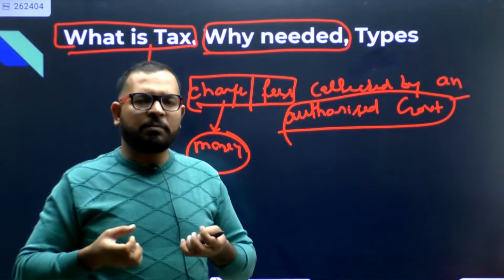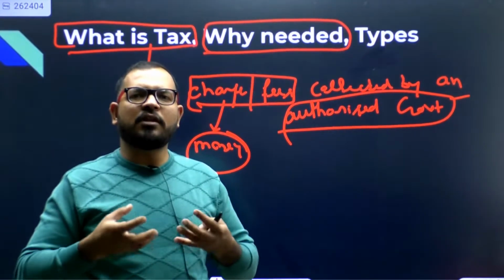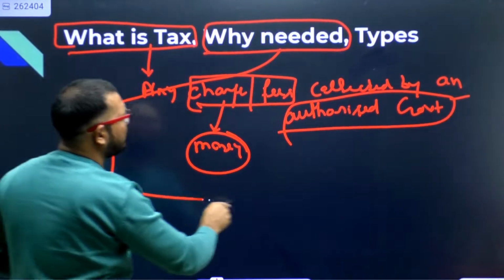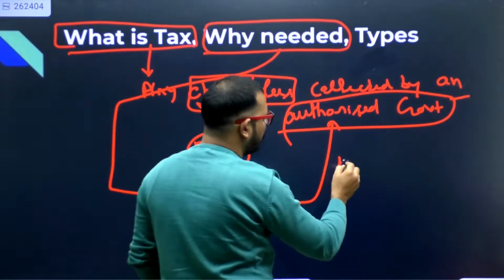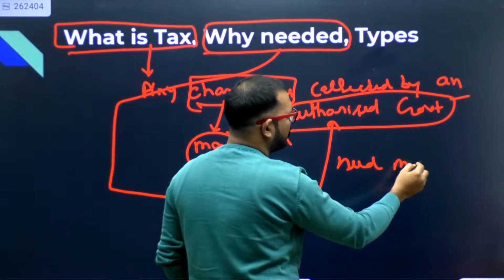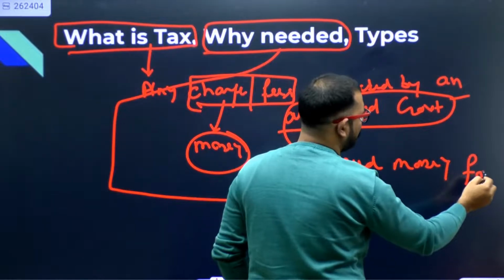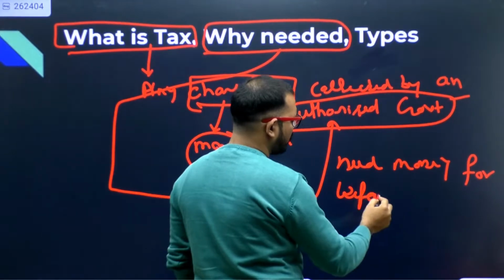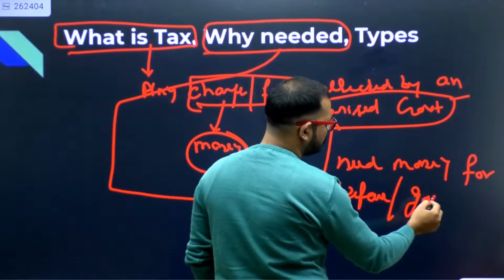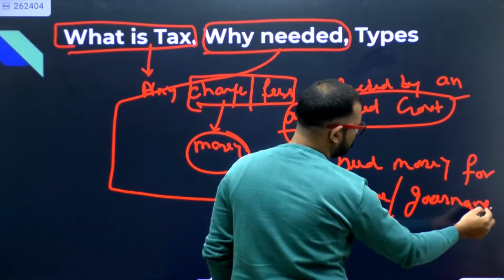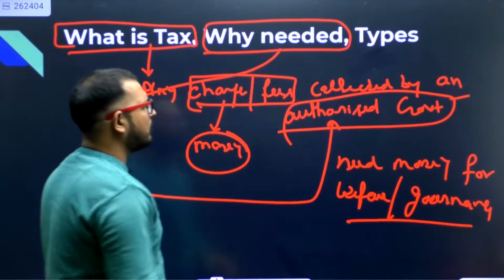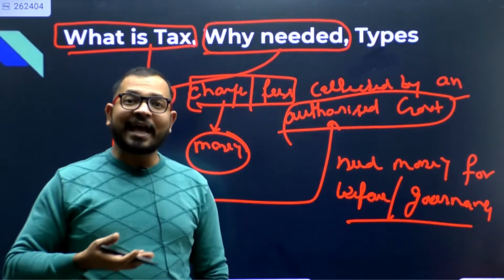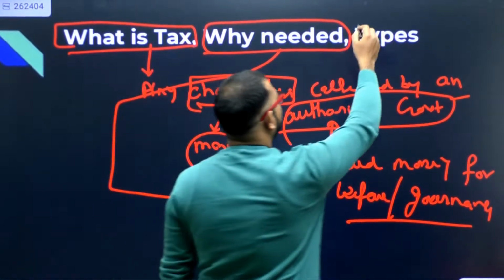Money comes from the people, in the form of tax, in the form of fees, in the form of charges. Basically, the authorized government needs money for welfare and for governance. This is why tax is needed.